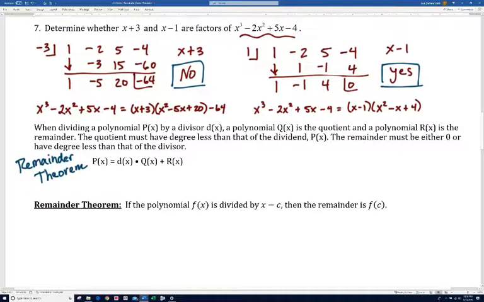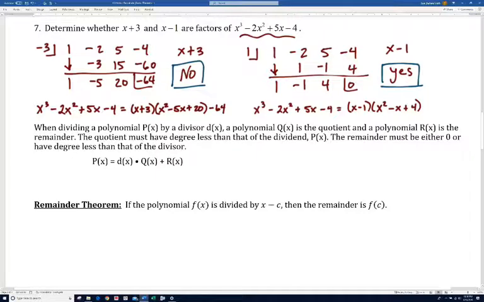Actually, that's the division algorithm. That's not right. Which basically says when dividing a polynomial, we call it p of x, by a divisor d of x, a polynomial q of x is the quotient and a polynomial r of x is the remainder.